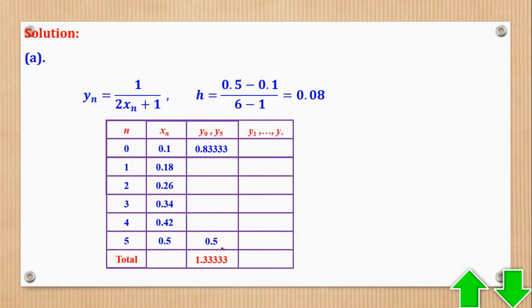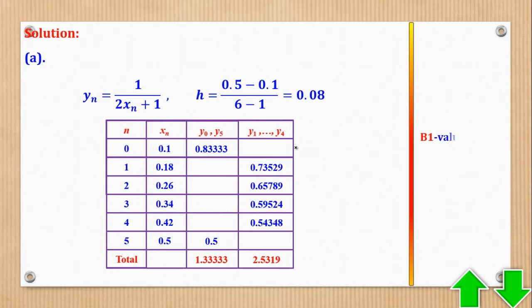Now the intermediate ones will have their own column, so we shall start with y1, put this x value here to come up with that value of y, put this x value here, come up with that value of y, put this x value here, come up with that value of y, and put this x value here, come up with that value of y. Then next we have to add all these ones to come up with that. I think you realize that we are using 5 significant figures because the accuracy is 3, so we add 2 more to be on the safer side.